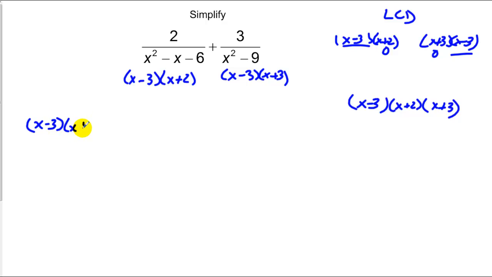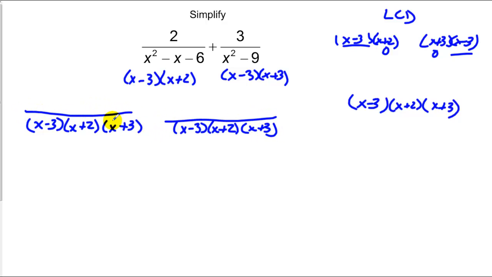It's a little laborious, but I find if you've got it right in front of you, and you're not trying to do too much in your head, you stand a better chance at actually getting the problem correct. Figure out what multiplied to get from this initial denominator to this lower denominator, and it looks like I'm missing an x plus 3.